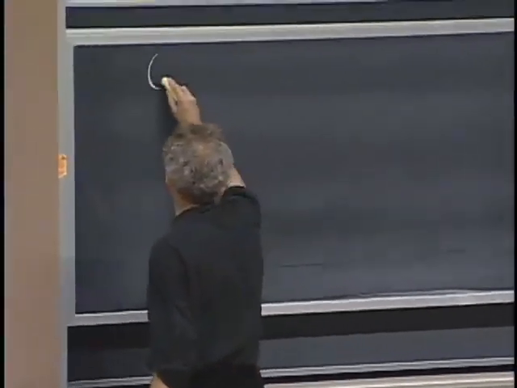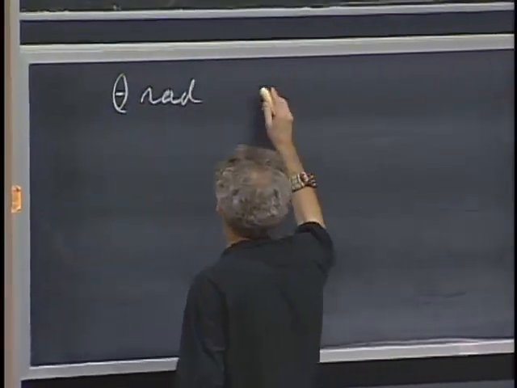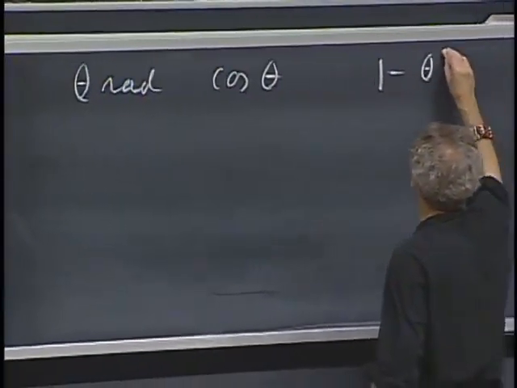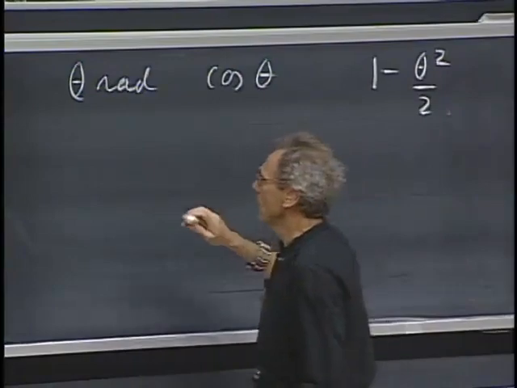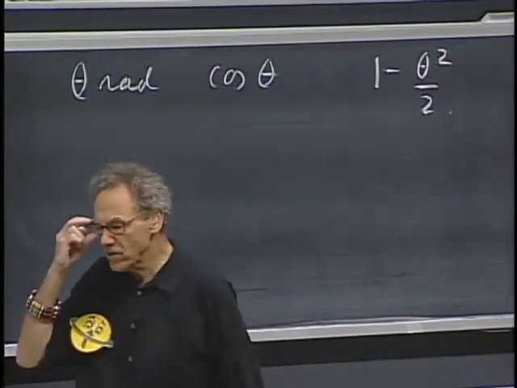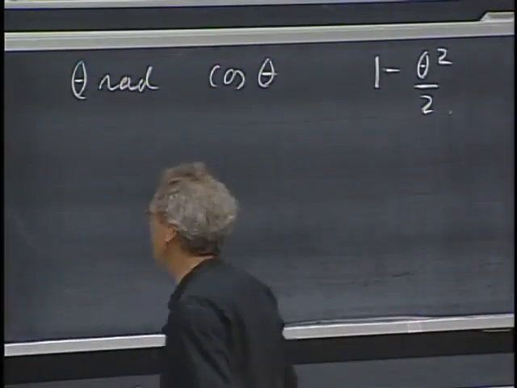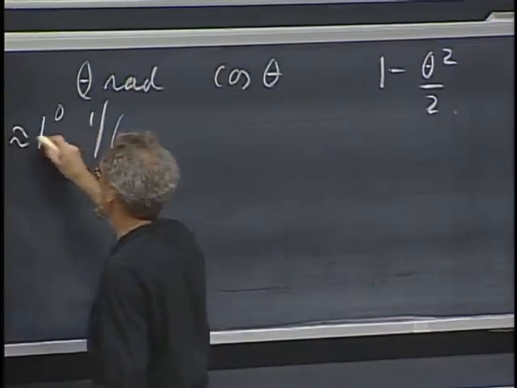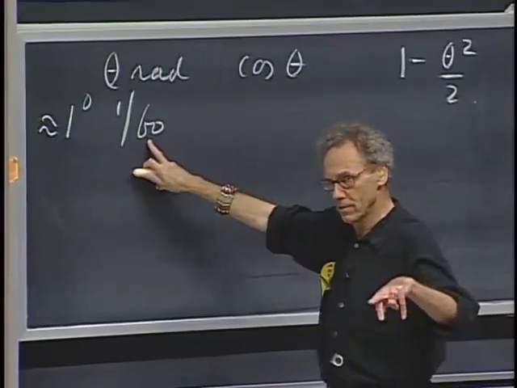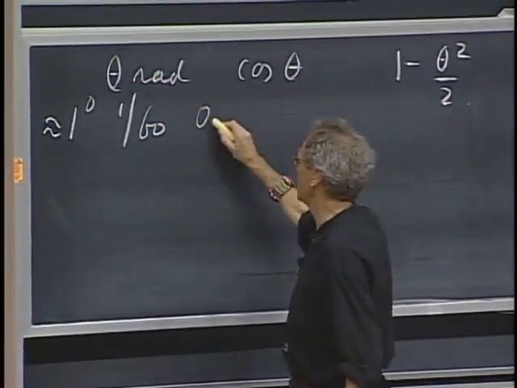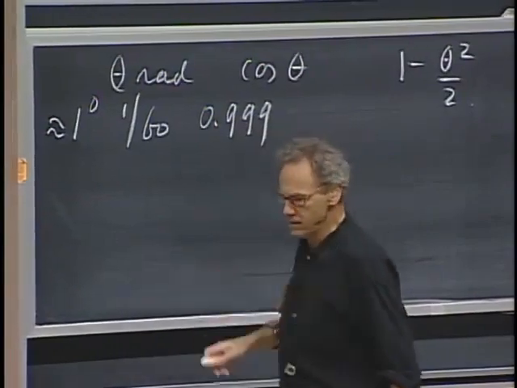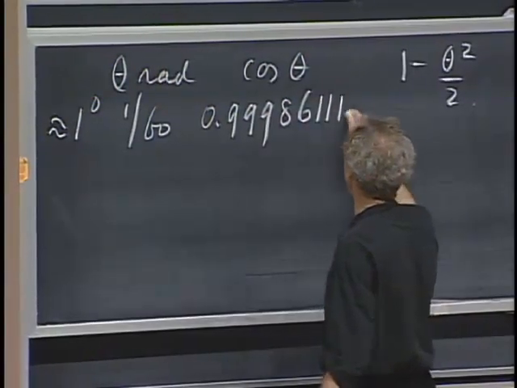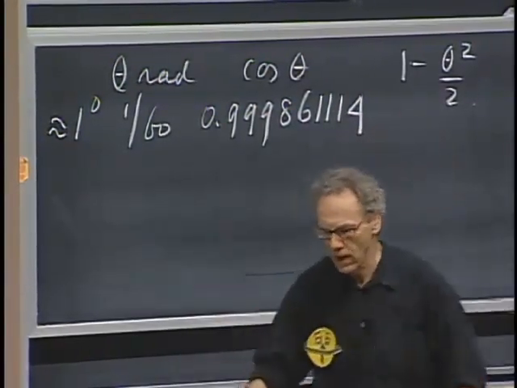If I give you here theta in radians, and here the cosine of theta, and here 1 minus theta squared over 2, then if I take 1/60th of a radian, since this is approximately 1 degree, and I ask what the cosine is, that is 0.999861114, just using my calculator.